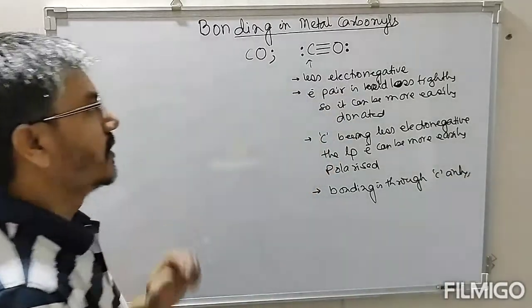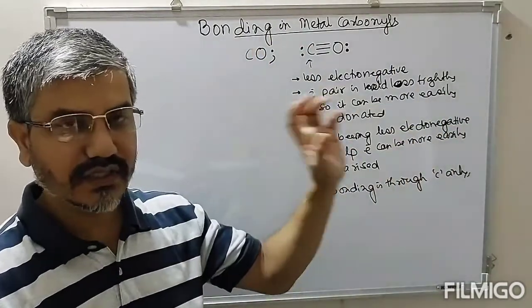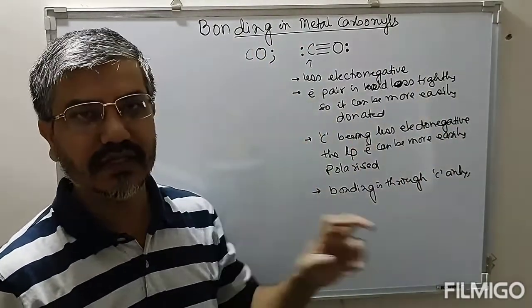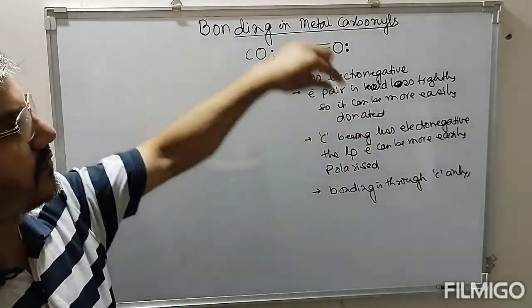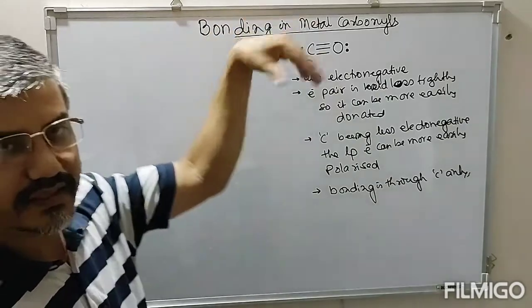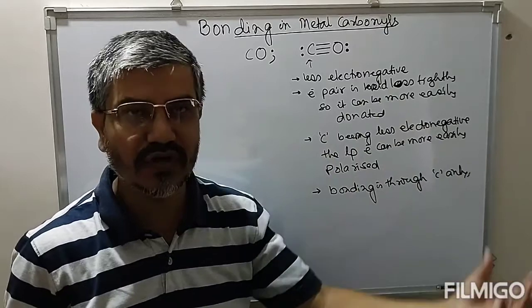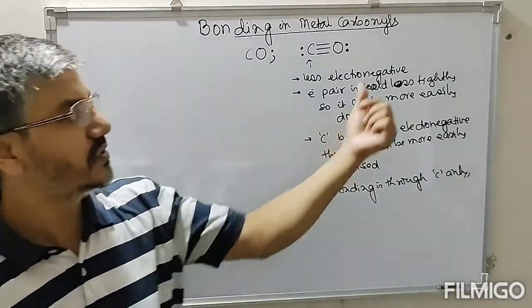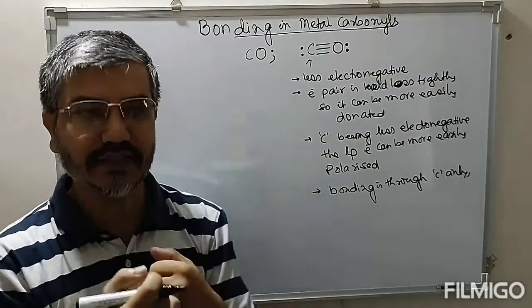So in metal carbonyls, the bond formed between the ligand carbon monoxide and the metal is always through carbon. The reason is that carbon, being less electronegative, holds its electron pair less tightly, so it can be more easily polarized. On the other hand, oxygen being more electronegative holds the electron pair more tightly.